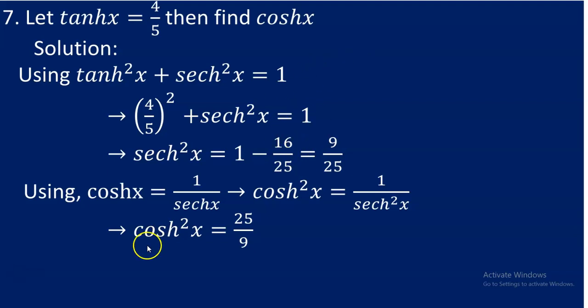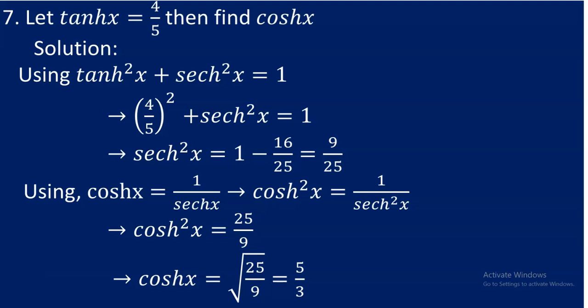Because of this, as you are taking the square root of cosh squared x, we must take only the positive output. So cosh of x must be the positive square root of 25 over 9. If you observe the graph of cosh of x, it was totally drawn above the x-axis.